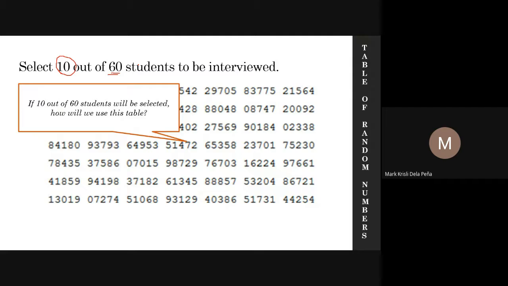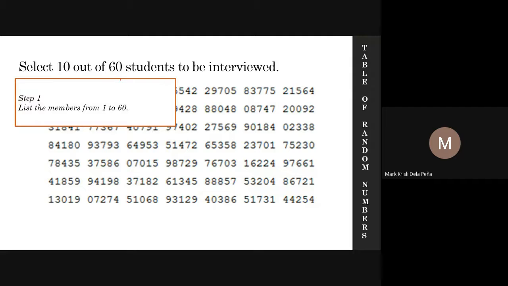Student 1 will be number 1, student 2 will be number 2, until student 60. I will be selecting 10 out of 60, where 60 is the total number of my students. So the first step is to list the members and assign them numbers from 1 to 60.